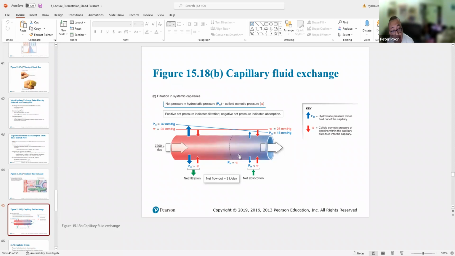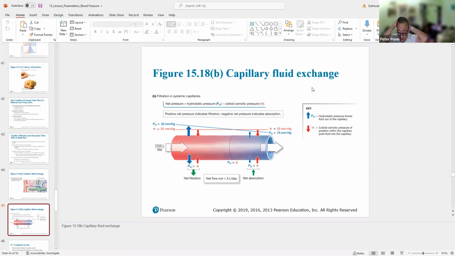By the very end, the total fluid flow is into the capillary bed, because the red arrow stays the same. The blue arrow goes from bigger than the red arrow to smaller than the red arrow, and therefore the fluid flow is in the opposite direction. This amount of fluid exchange is what makes your capillaries work.